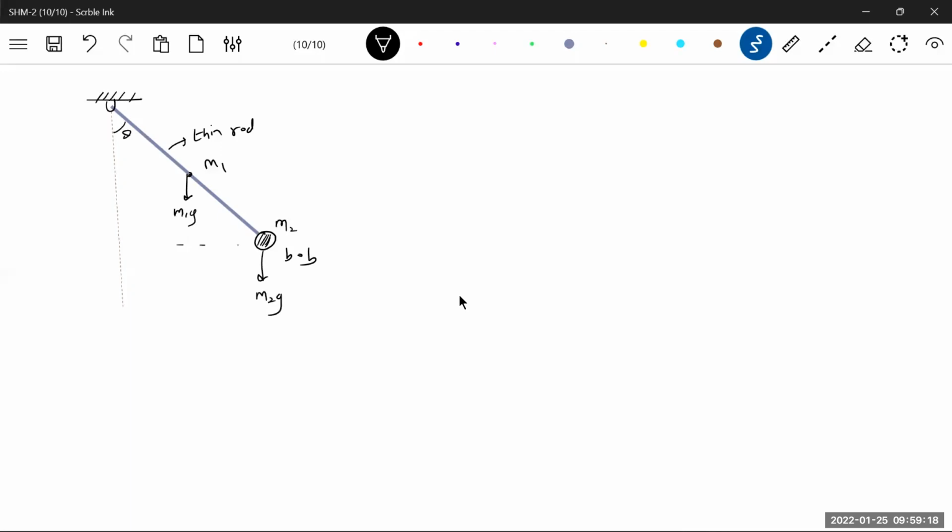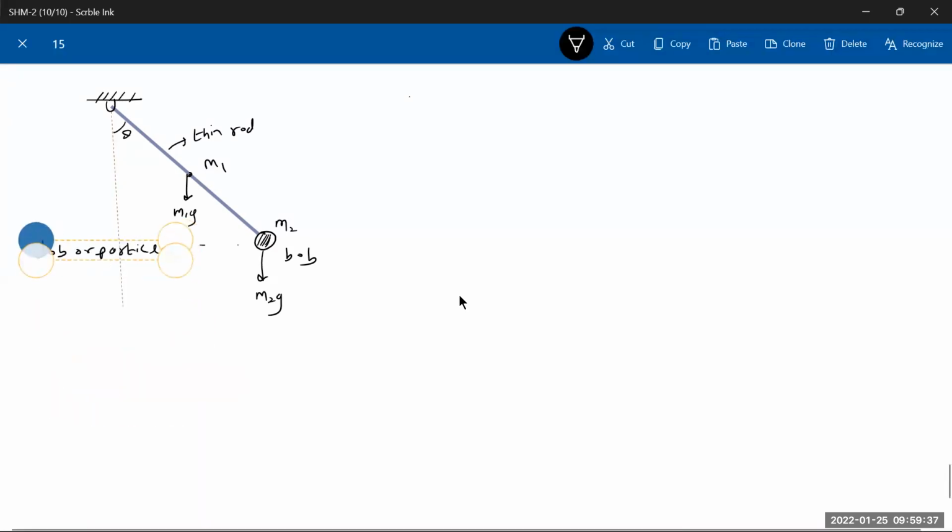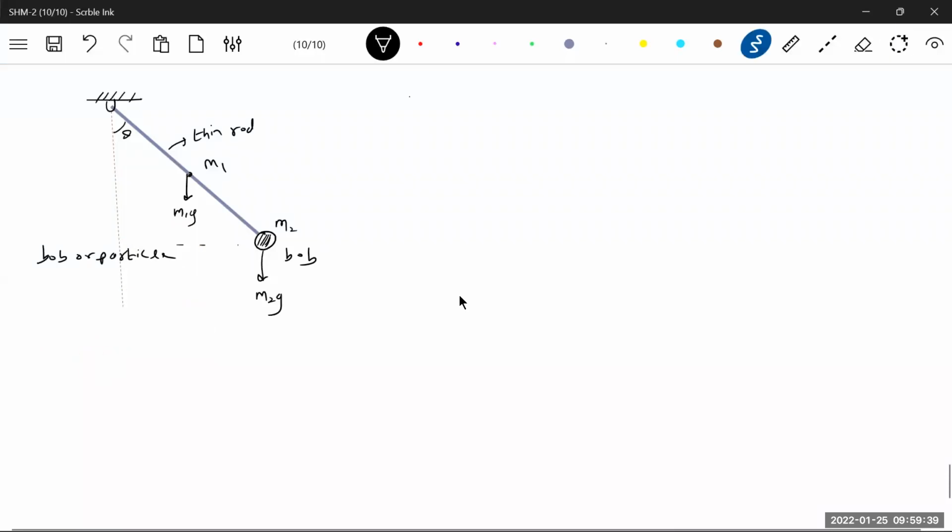As I said, it's a bob, so for moment of inertia, this will become like a particle. Bob or particle, both are same. So then what is the expression?